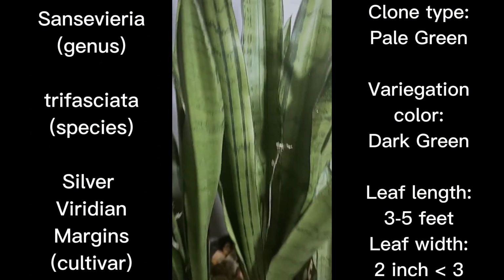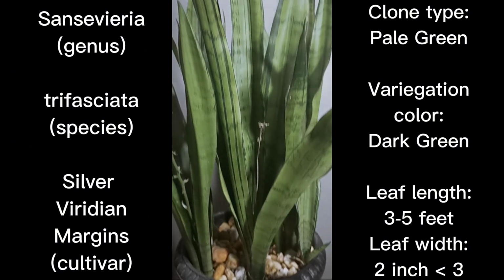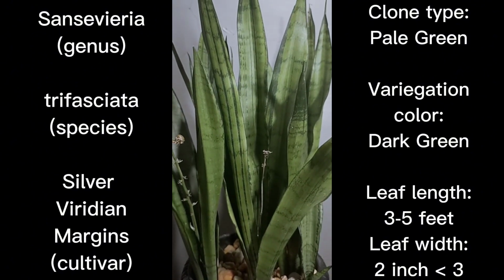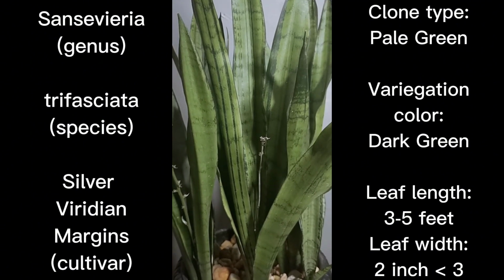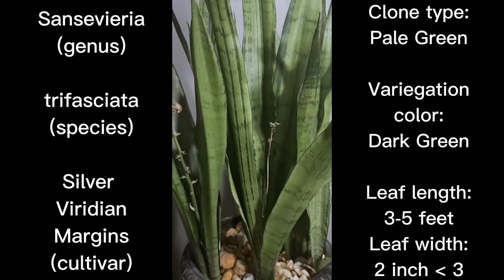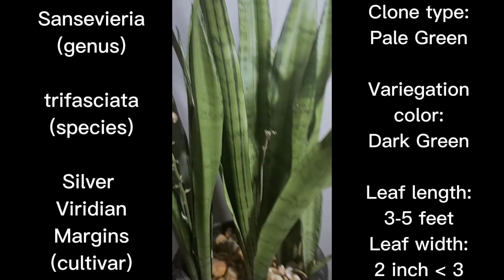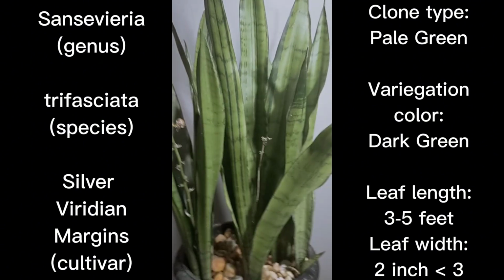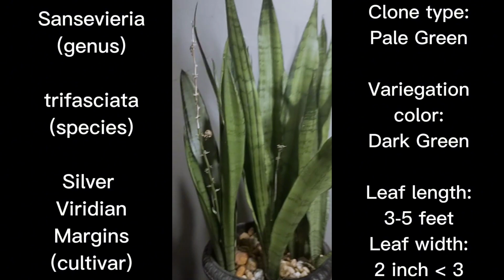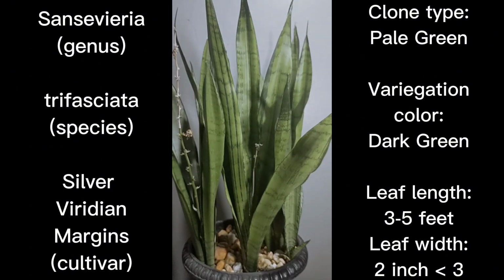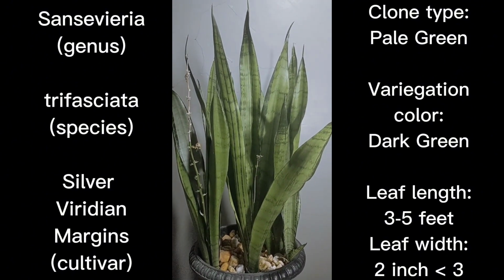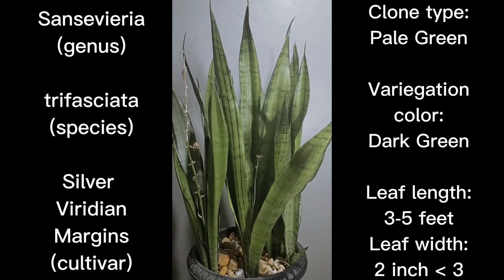I could call it green margins, but I have chosen Viridian to distinguish it from other cultivars that might exist in the future. I don't want to have a copy of a name or a duplicate name. Therefore, I want something unique to name it. That is why I have named it Sansevieria trifasciata Silver Viridian Margins.